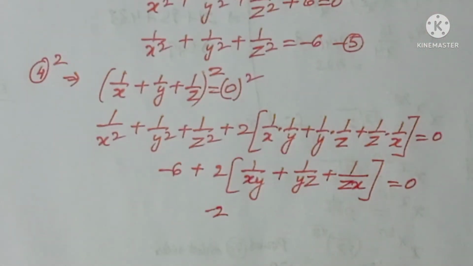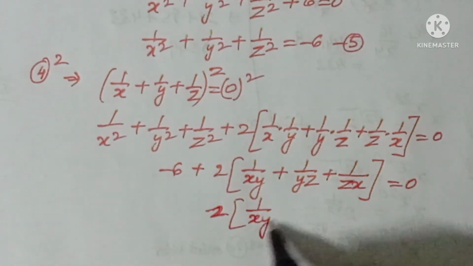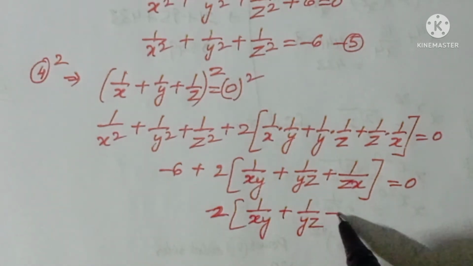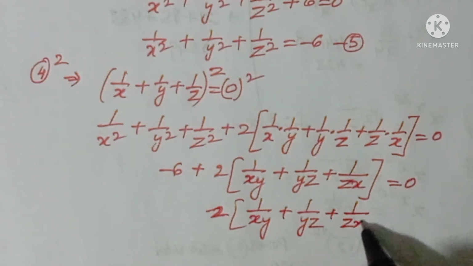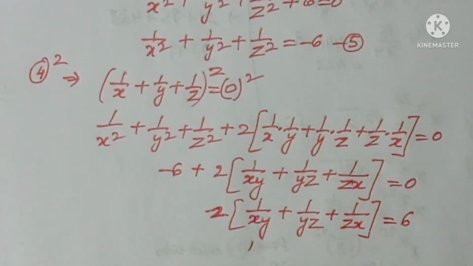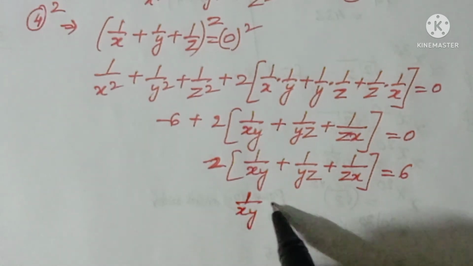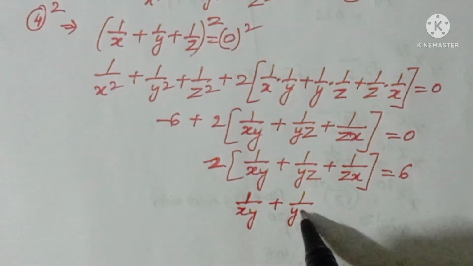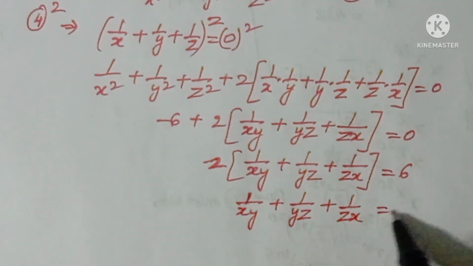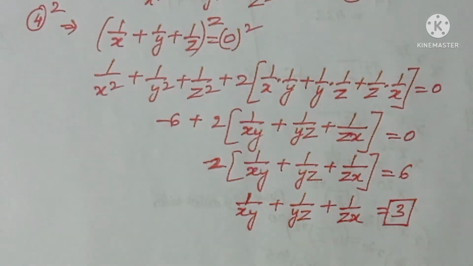So 2 into (1 by xy plus 1 by yz plus 1 by zx) is equal to 6. So 1 by xy plus 1 by yz plus 1 by zx is equal to 3. So this is the answer.